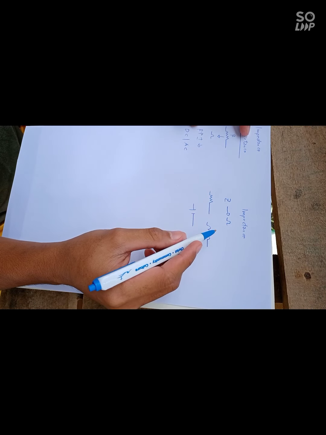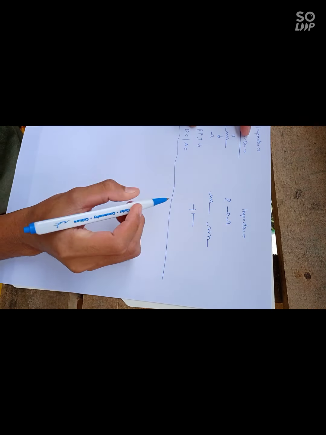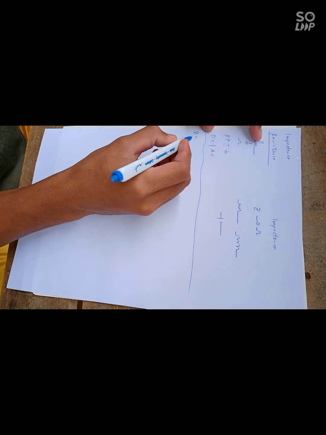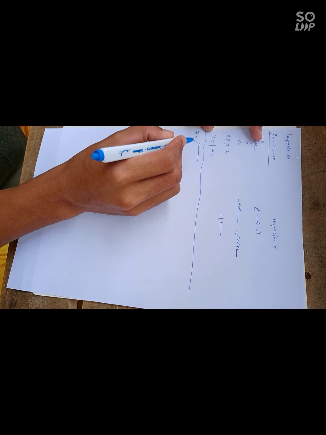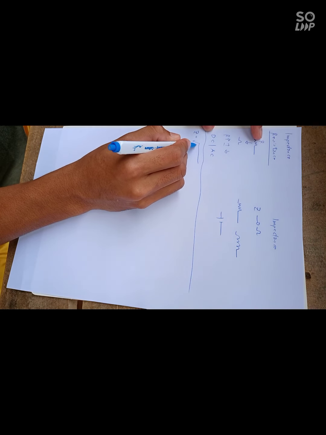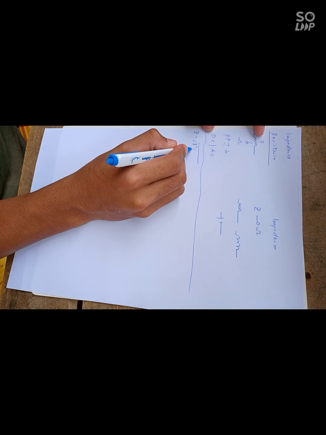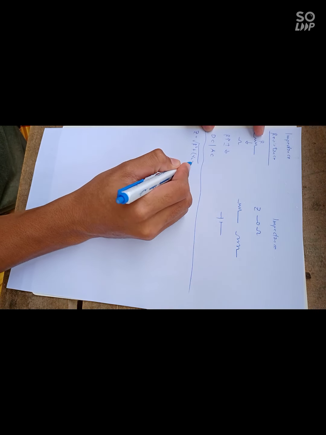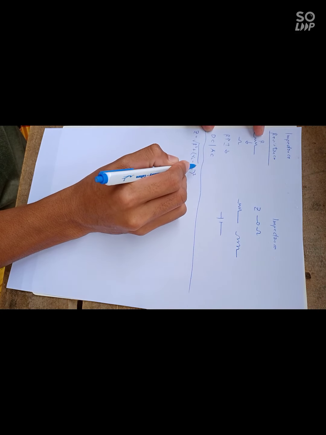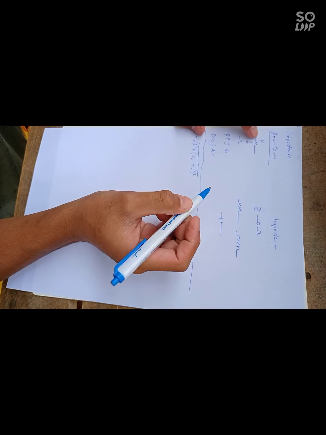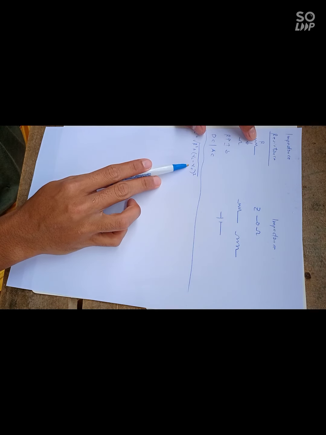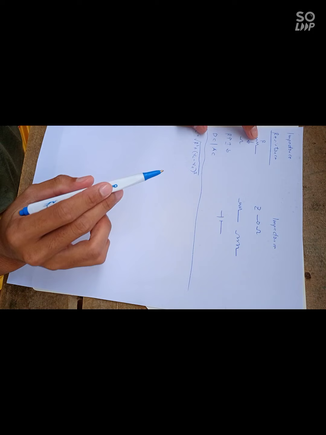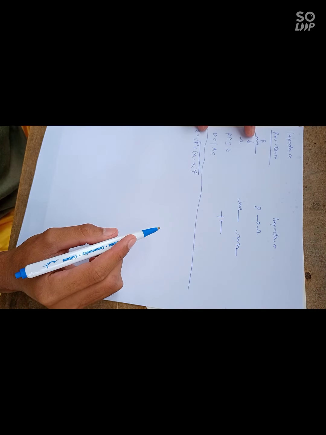The formula for impedance is Z equals the square root of the resistance squared plus the inductive reactance minus the capacitive reactance, squared. This is the squared difference of inductive reactance and capacitive reactance.